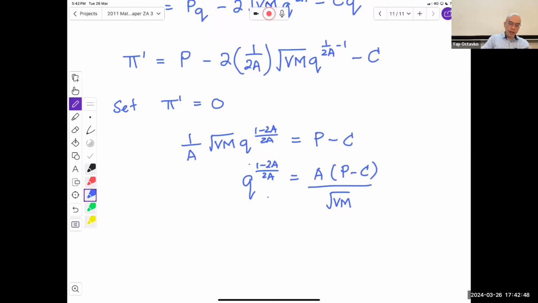Sorry, let me erase this and give myself some more space. Okay, so do the same thing. You multiply with this power. You power up this side with this, you need to power up the other side also.